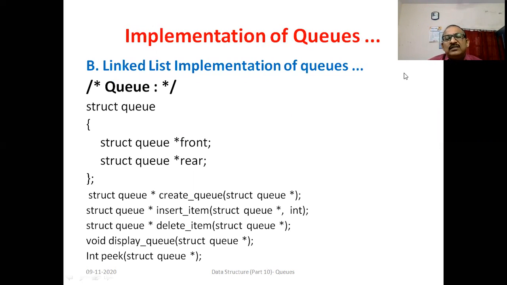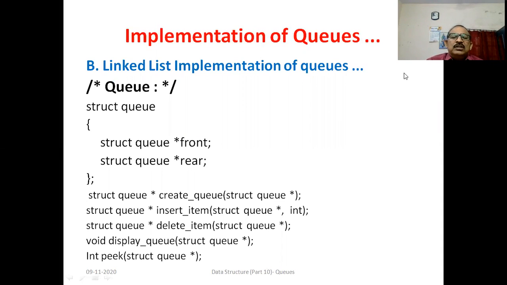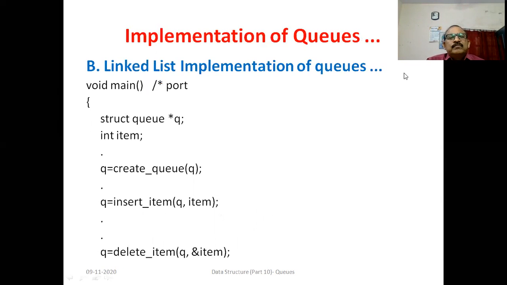Next is the peek, struct queue star. Peek is similar to delete item with one difference. In delete item, we increment the front pointer, but in peek, we do not increment the front pointer. This is the basic difference between the peek and delete item functions.